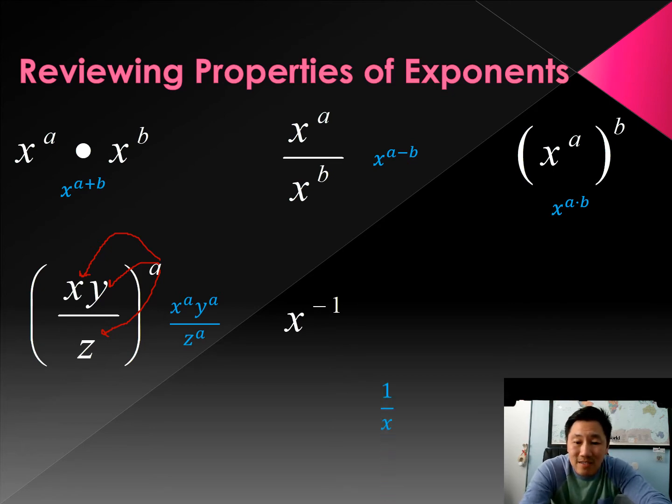All that does is it brings that number down underneath the fraction. And then what about anything to the 0 power? X to the 0 power, 5 to the 0 power, 100 to the 0 power. It's just 1.